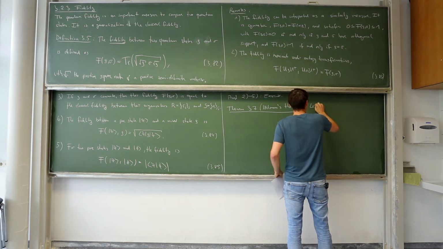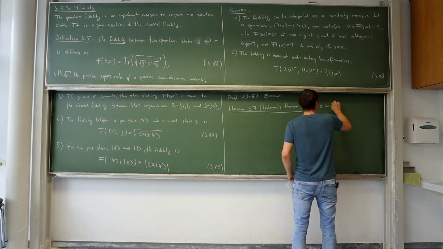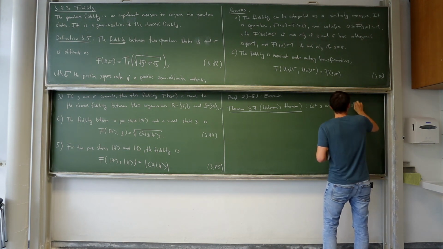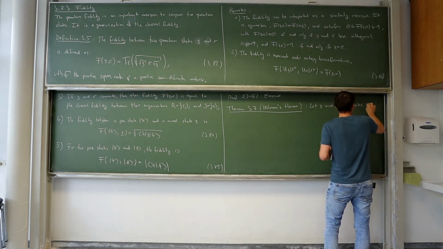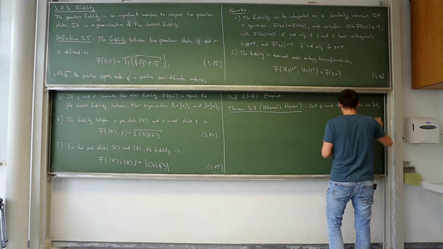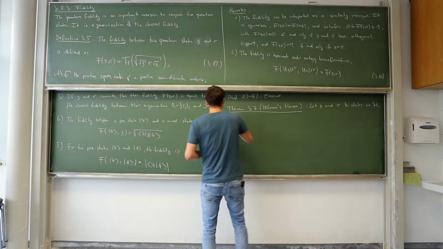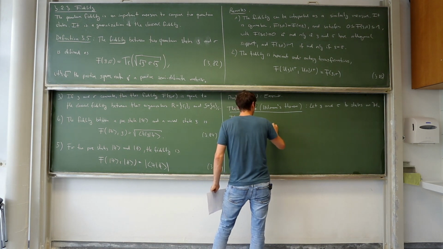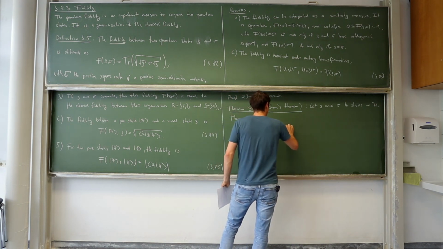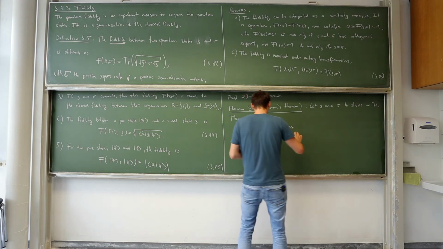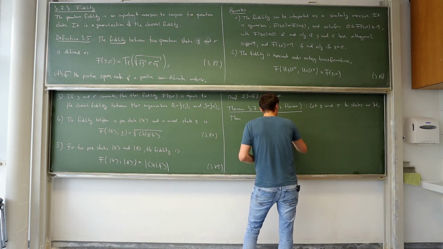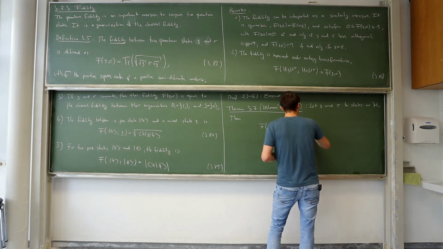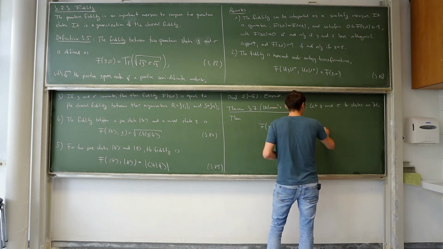Let rho and sigma be states on the Hilbert space H. Then the fidelity of rho and sigma is equal to a maximization over purifications psi and phi, and we maximize the modulus of their inner product.